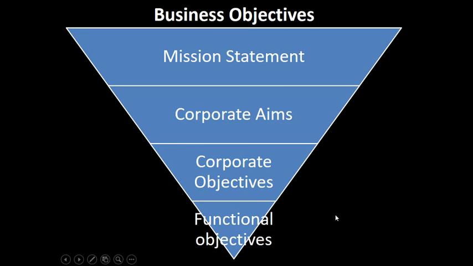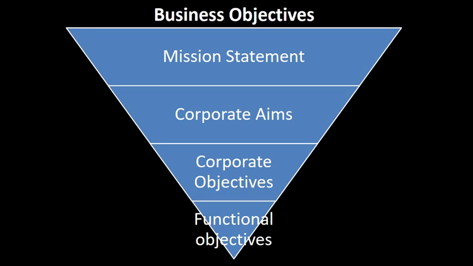So, as I've explained in a previous video, businesses set mission statements. A mission statement is the business's overall guiding purpose. For TED, that was spreading ideas. For Google, it was organising all of the world's information and making it universally accessible.